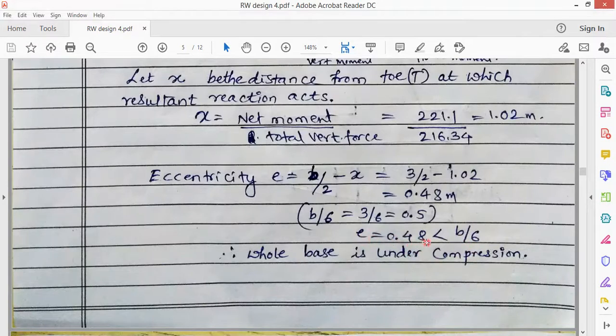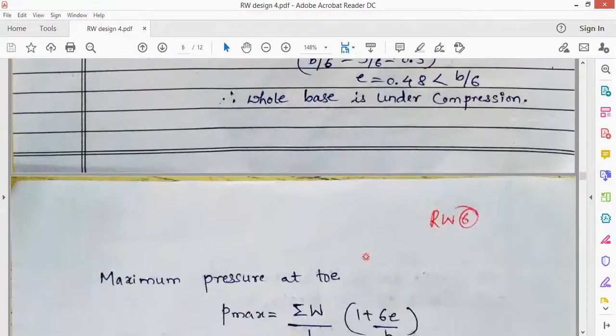So eccentricity is 0.48, and b by 6 is 3 by 6, so it is half, but e is 0.48, so it is less than this value. So I can say that the whole base is under compression, or else there will be tensile stresses induced and there will be failure.